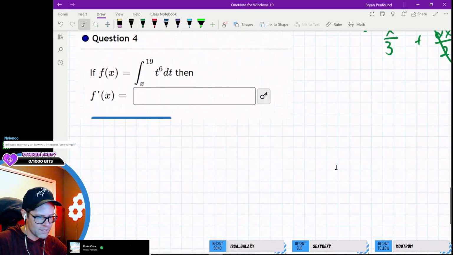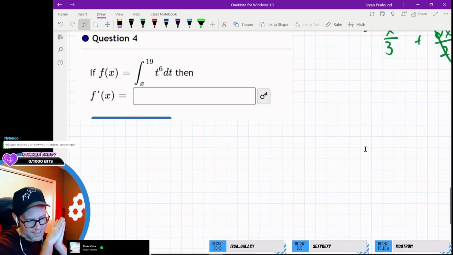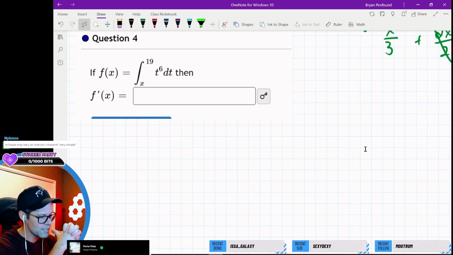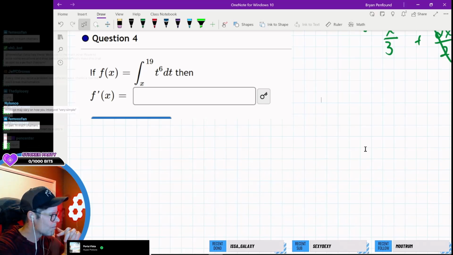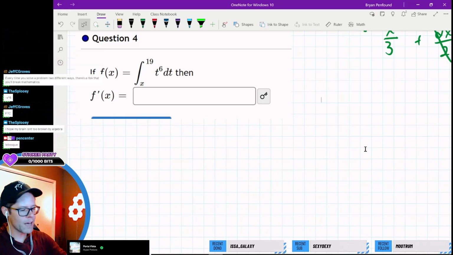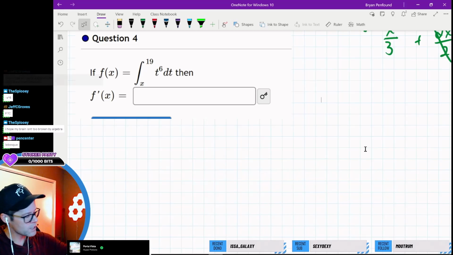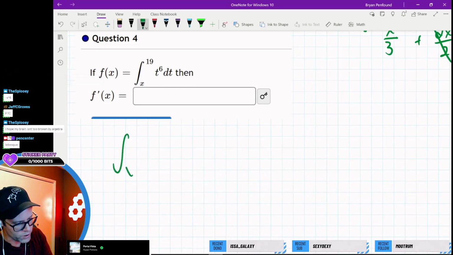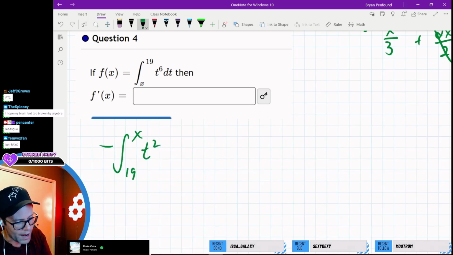Okay, chat. If f of x is equal to the integral from x to 19 of t to the 6 dt, then what's f prime? The fundamental theorem of calculus would exactly do what Splooey is thinking, which is we're going to alter the bounds from x and 19. We're going to swap these to 19 at the bottom, x at the top, by making it a subtraction.